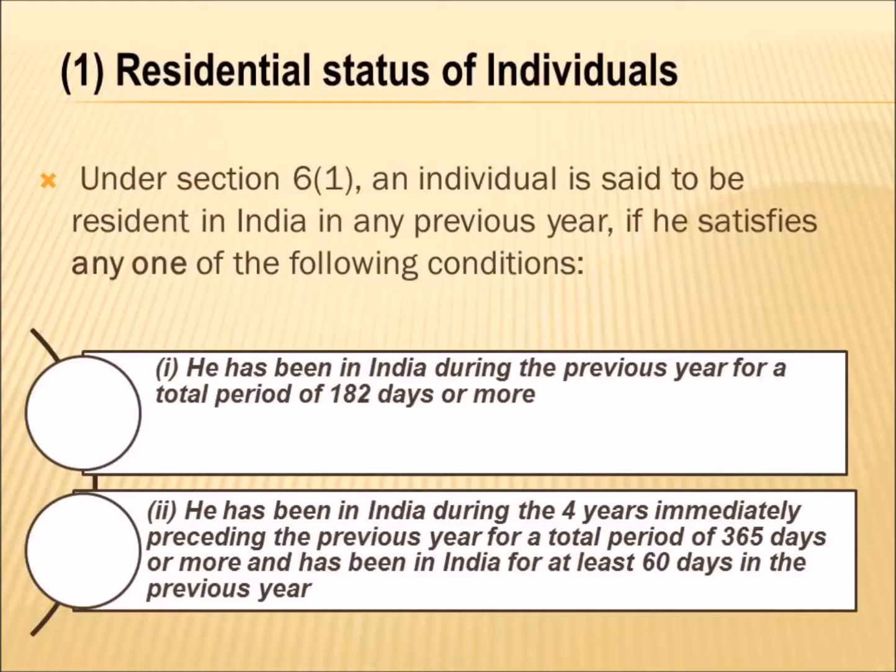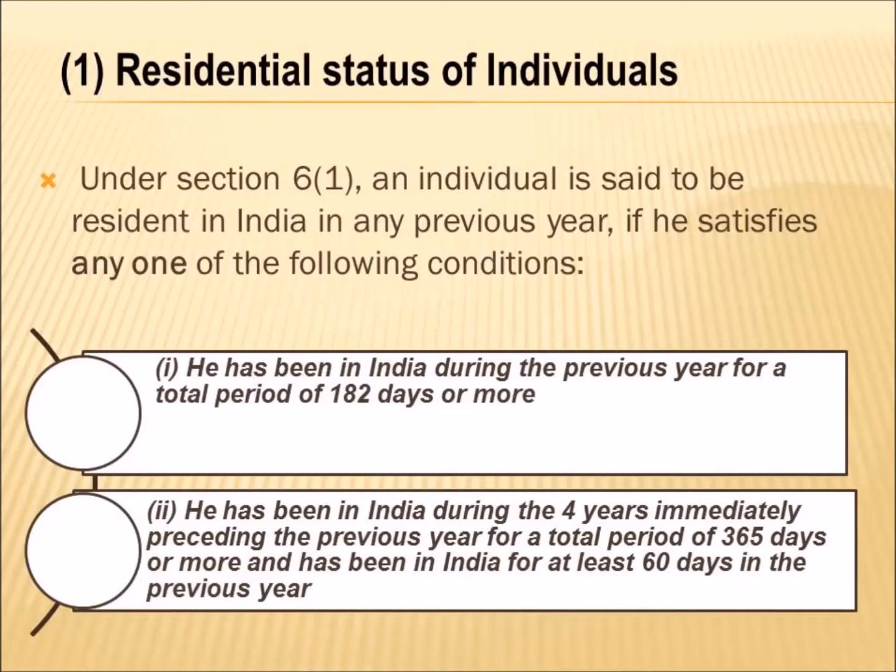The second condition is saying that we have to see the 4 years immediately preceding the previous year, that is the year under assessment, the year whose income is being assessed to tax. We have to see 4 years before that year. Suppose we are talking about the previous year 14-15. So we'll see the 4 years immediately preceding the year 14-15.